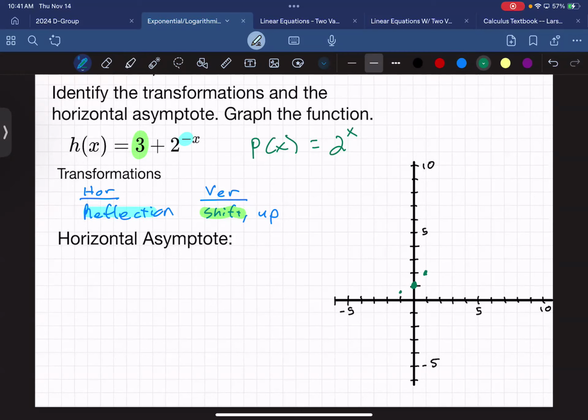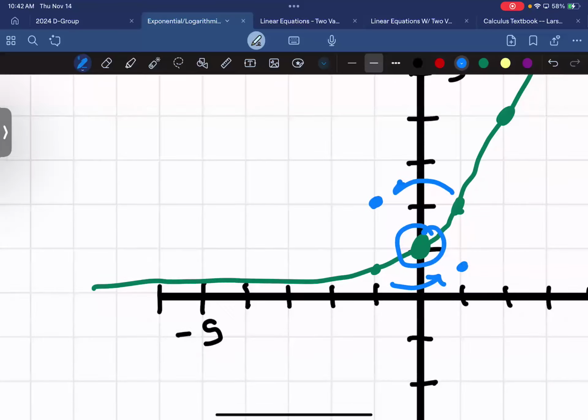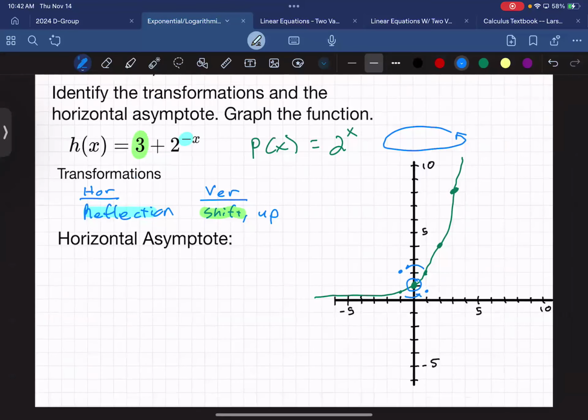The parent function looks something like this. Well, a horizontal reflection says to rotate it about the y-axis. So the y-intercept won't change, but as I zoom in here, what you want to do is take all these points and flip them over.